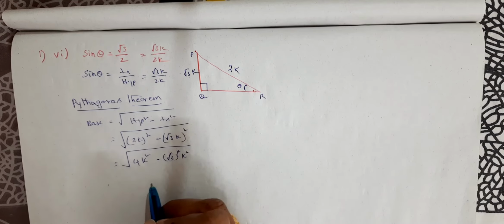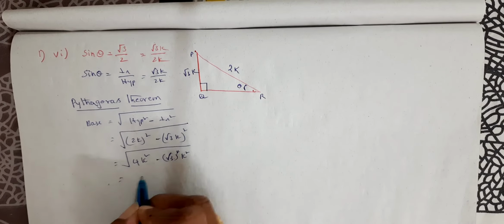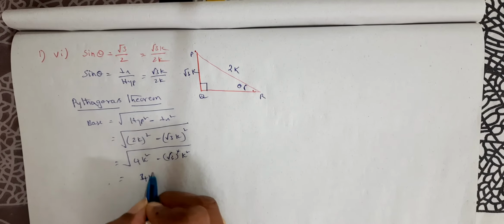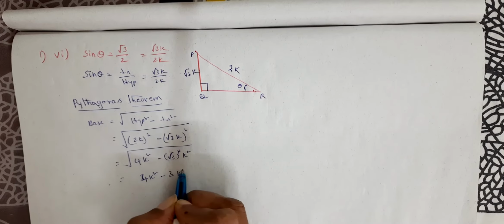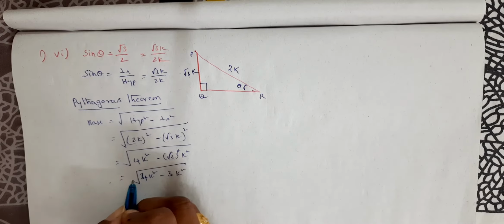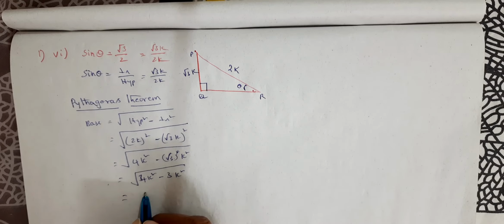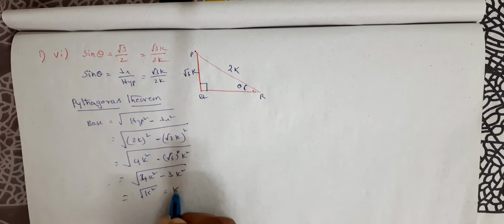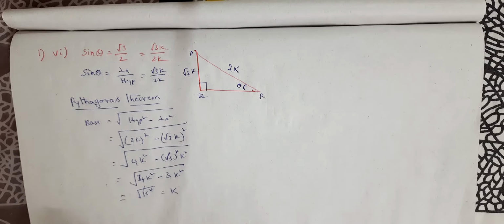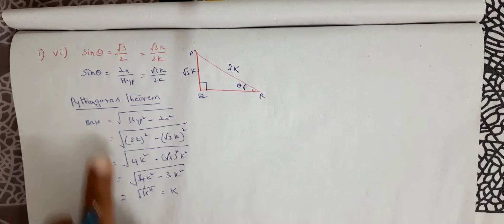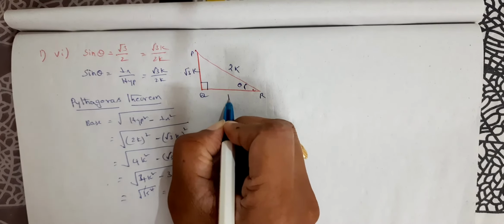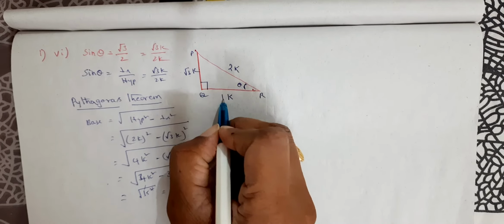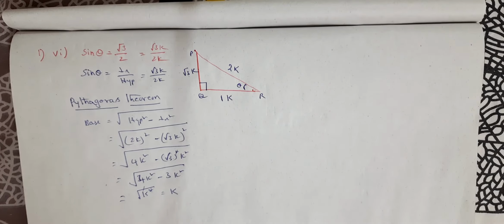Root and square will get cancelled, so it will remain as 3k square. So 4k square minus 3k square under root is equal to k square under root, that is equal to k. Root and square will get cancelled. So you got the base to be k, that means it is 1k.